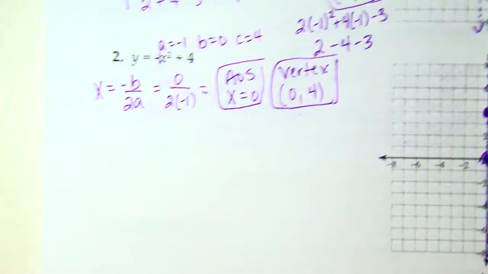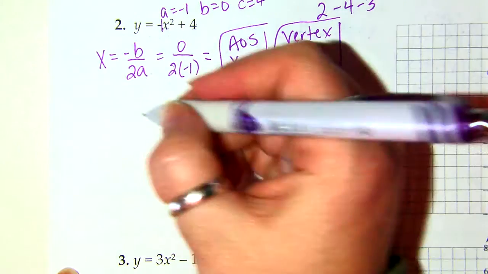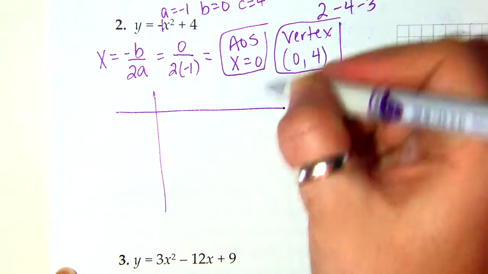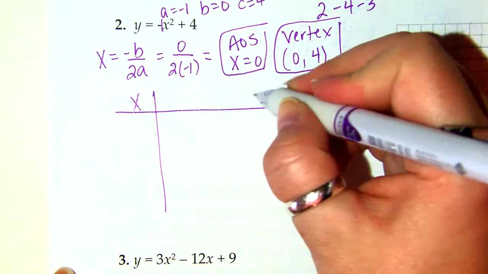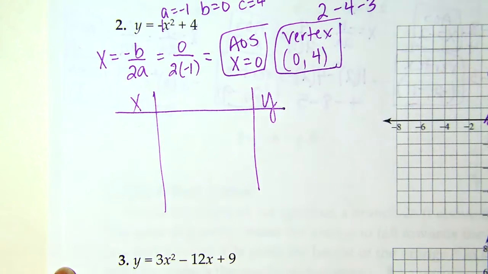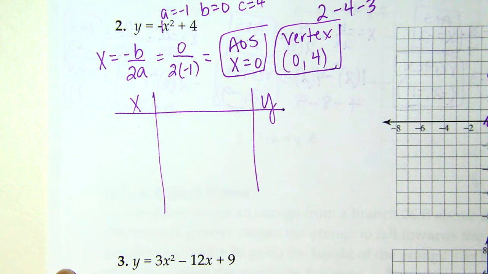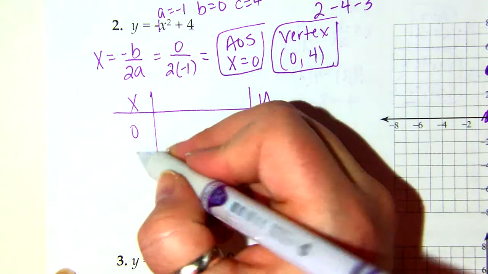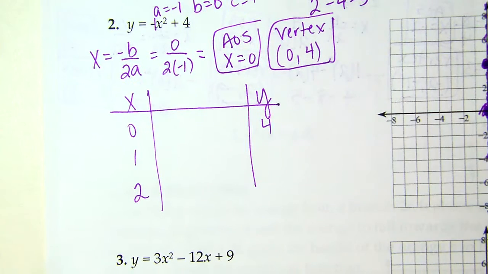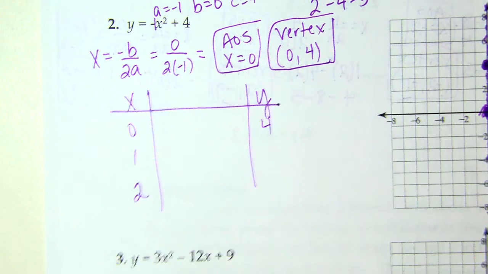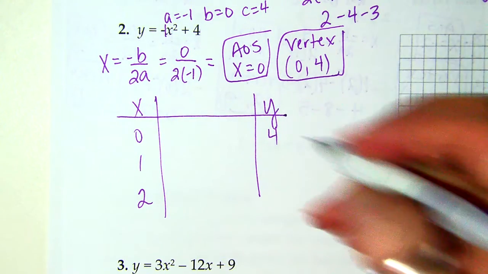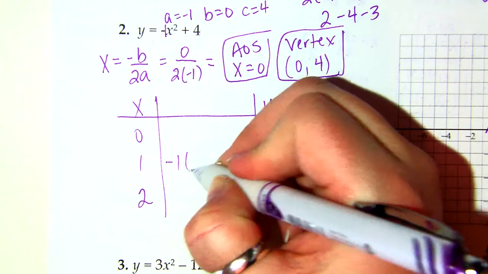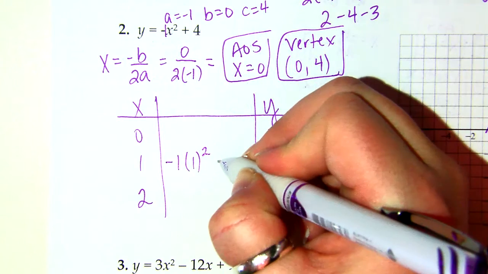So we need to pick 2 larger than our AOS. So if our vertex was at 0, 4, I need to go 1 bigger and then another 1 bigger to find 2 more points. So when I plug in 1 to the original problem, it's -1 x squared, so 1 squared, plus 4.